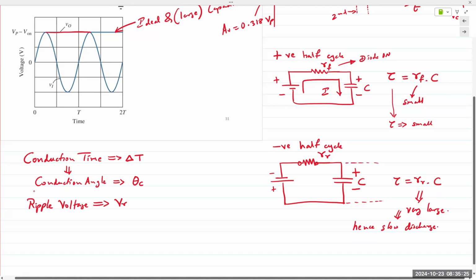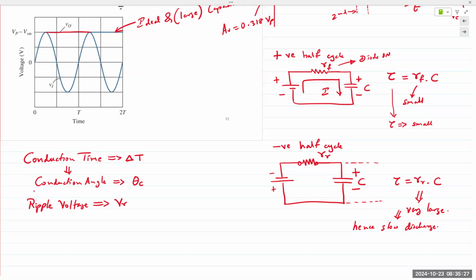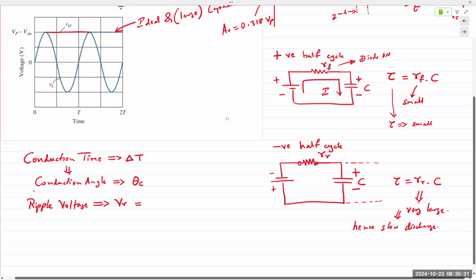And VR can be given by the V out, which is the input voltage, Vp (peak), minus the diode turn on voltage, times the time period, T, divided by the time constant, RC.